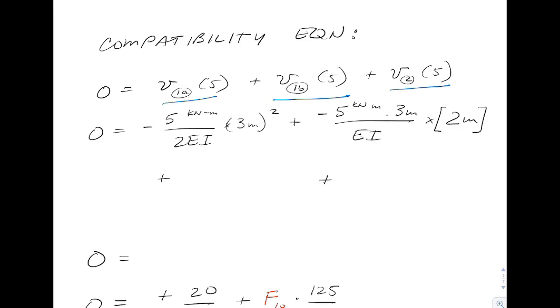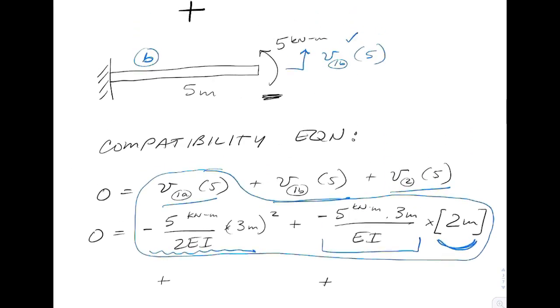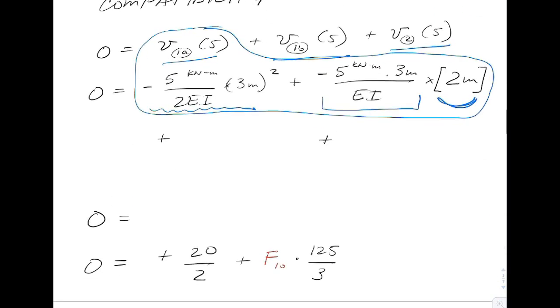There would be the deflection at 3, and there would be the slope at 3 multiplied by 2 meters, so there's our geometry. That would be just the first term in total. If I slide back up here, that is these 2 pieces. So there's our superposition determinant.